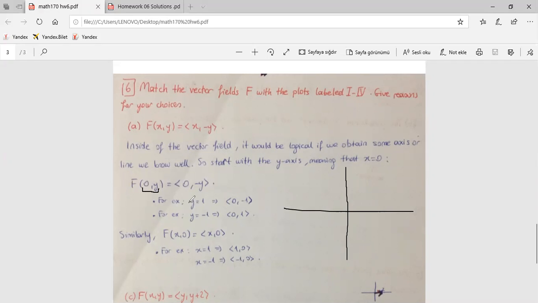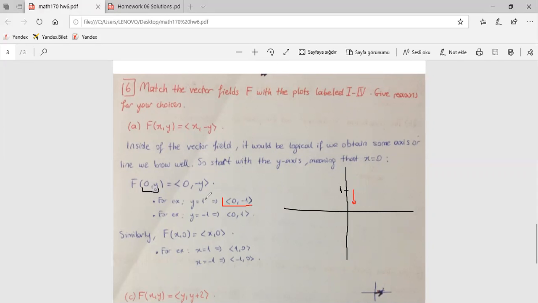For example, if y equals 1, then we get the vector (0, -1), which looks like this, right? So when y is positive, we obtain a vector which is downwards.